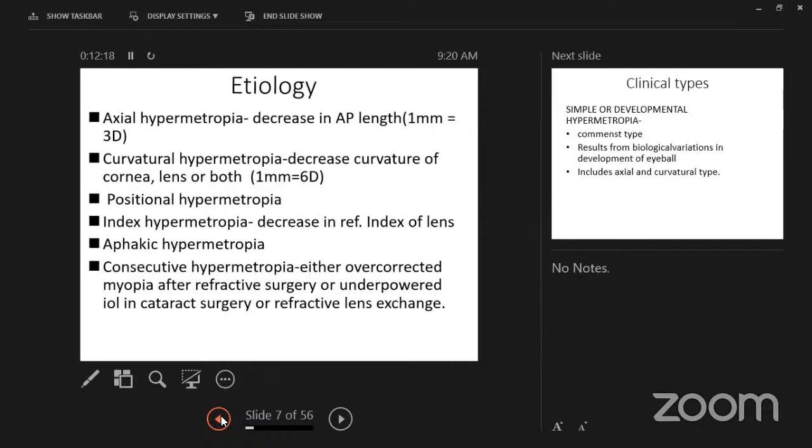Cornea plana. Regarding cornea plana, it means a flatter cornea and causes curvatural hypermetropia. And what about the lens? And posterior, that is positional hypermetropia.